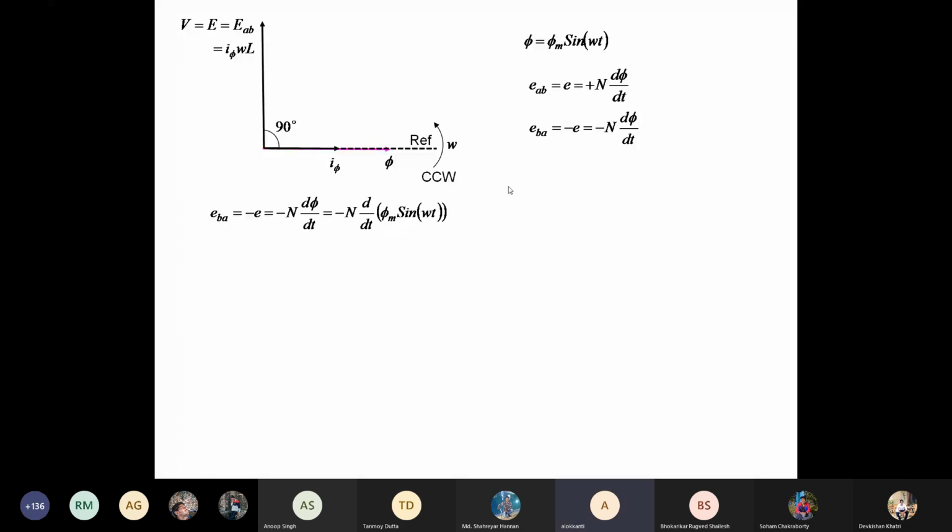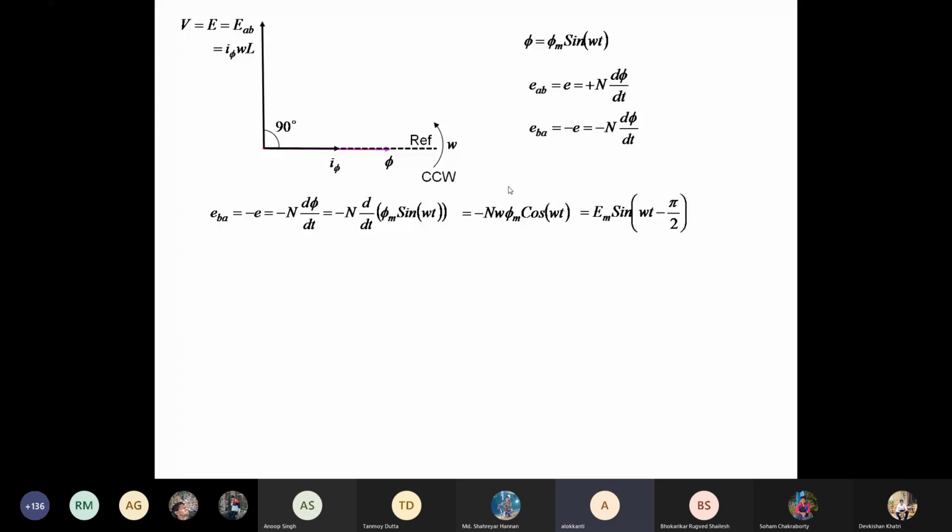So EBA is equal to minus n d/dt of phi m sine omega t, which is minus n omega phi m cos omega t, or Em sine omega t minus pi by 2.